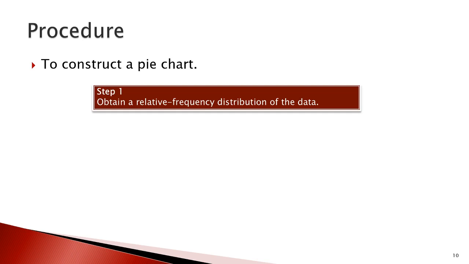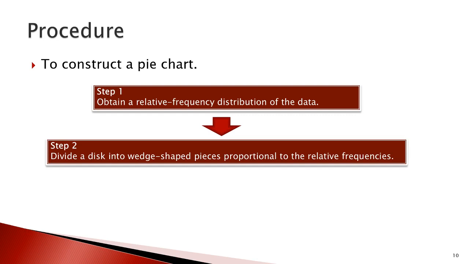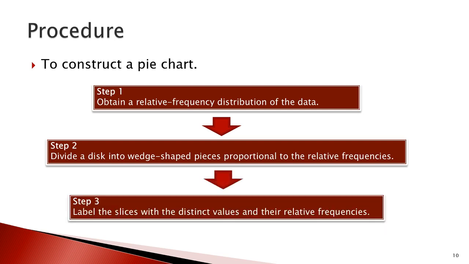We already obtained a relative frequency distribution of the data. The second step is to divide the disk into wedge-shaped pieces proportional to the relative frequencies. And finally, label the slices with distinct values and their relative frequencies. Those are the 3 steps that we need to follow to construct a pie chart.